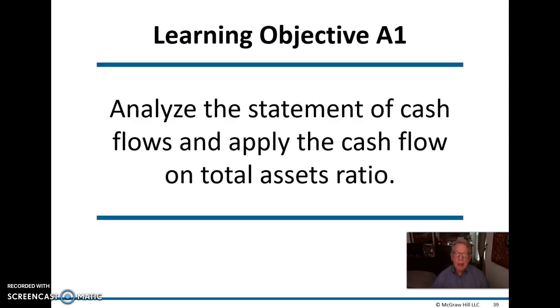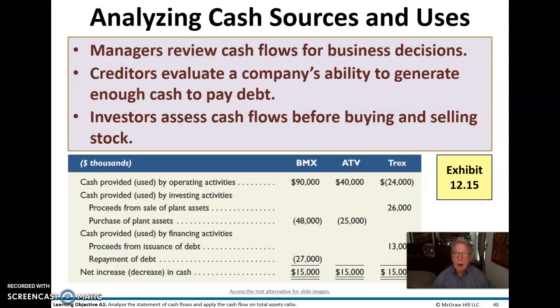Okay, so let's analyze the statement of cash flows and apply the cash flow on total assets ratio. So here, source and use of funds, we often say, managers review cash flows for business decisions. Very important.